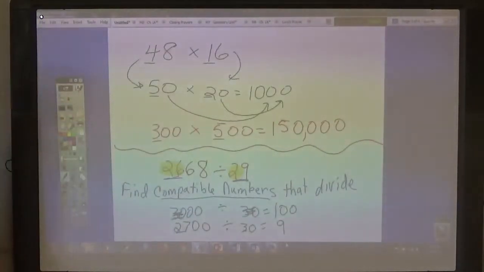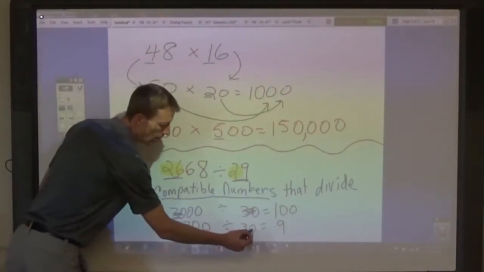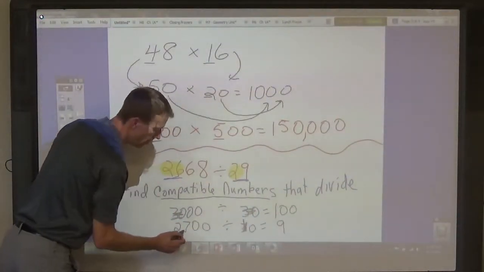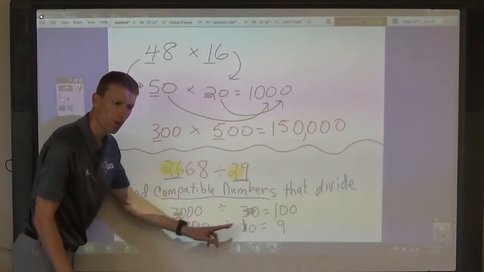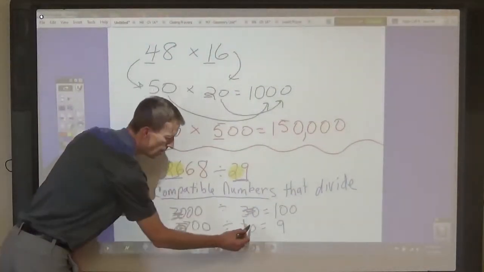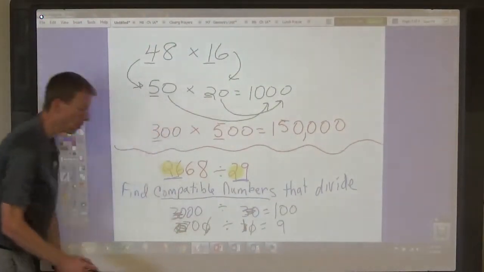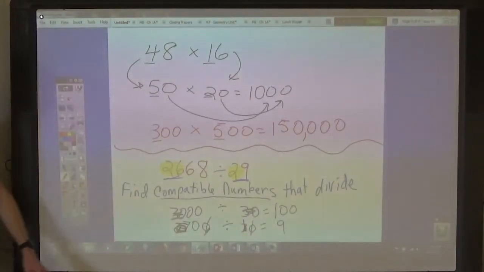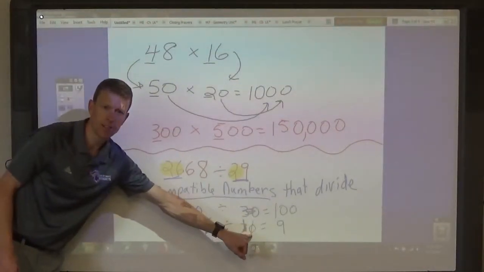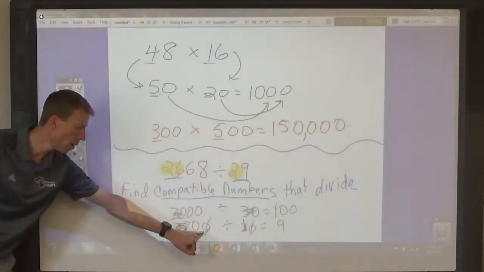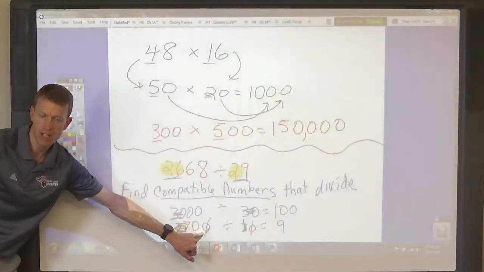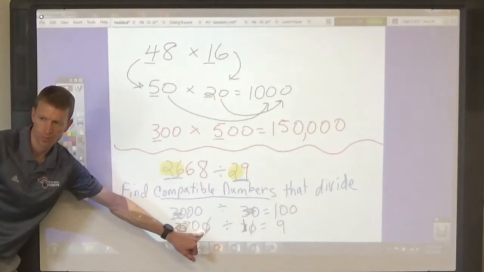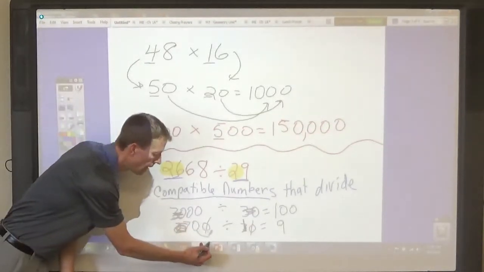And now, what we do is we use the 3, we use the 27. If there are zeros in both numbers, they cancel out each other. Since there's a 0 left in the divisor, it cancels out one of the zeros in the number we started with, in the dividend. And then there's 1 zero left.